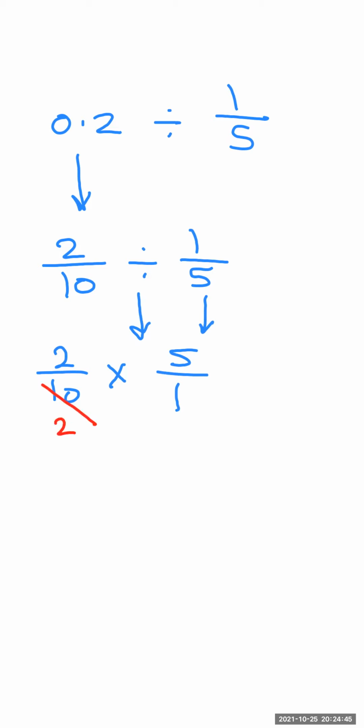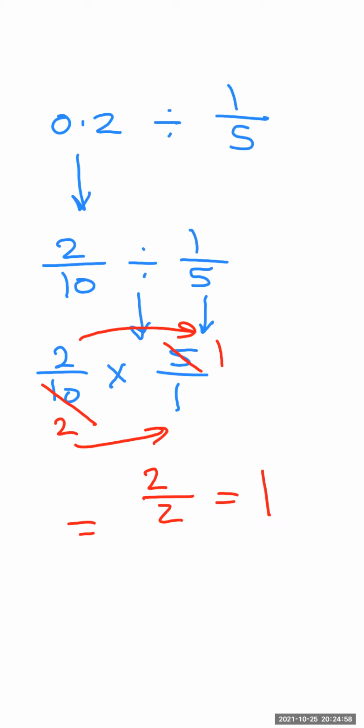Divide 5 equals 2, divide 5 equals 1. So now it will equal 2 times 1 equals 2, 2 times 1 equals 2. So 2 over 2 means 1. Correct? Right. Okay.